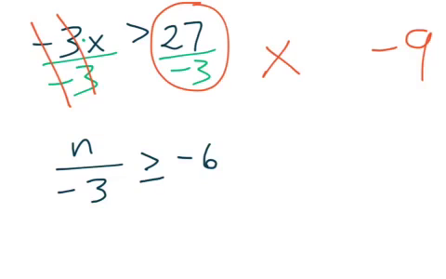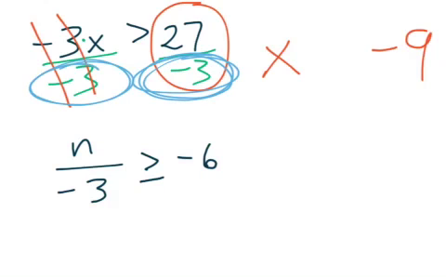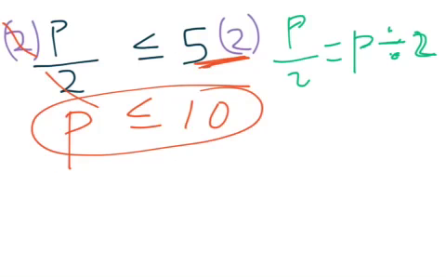Now comes the critical part of the lesson. The only real difference between inequalities and equations is when I divide by a negative. And again, guys, follow the blue here. Did I not divide both sides by negative 3? Notice the other problem that we did.